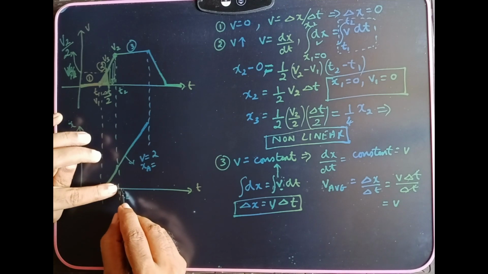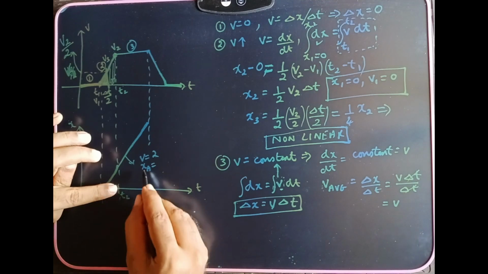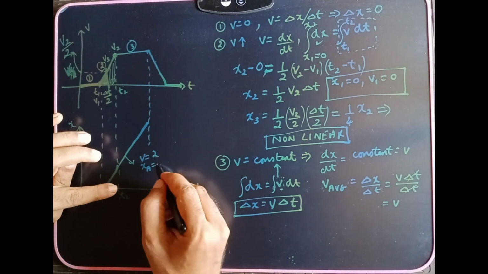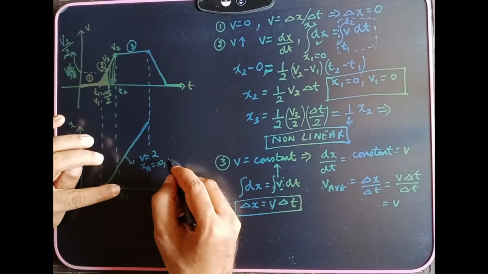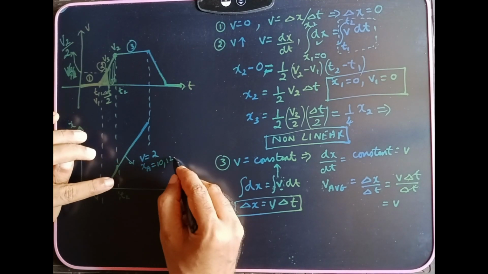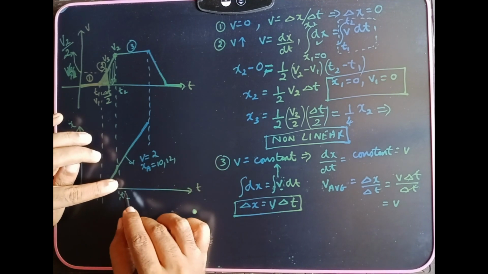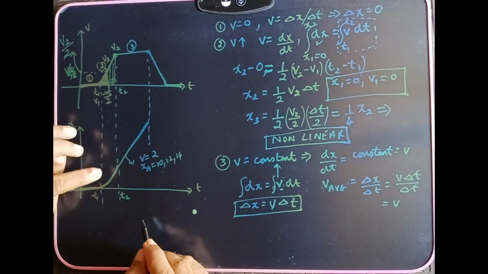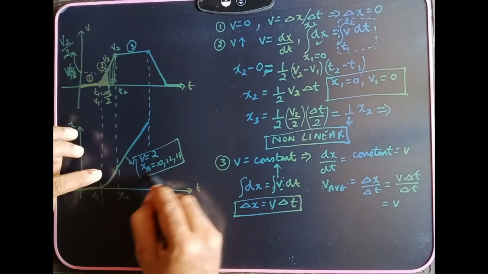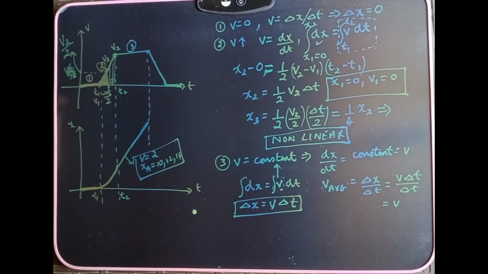Let us assume this is starting from 5. So x will become 5 into 2, 10. Then at 6, 6 into 2, 12. As you can see, it is linearly changing, right? After 12, 7 will become 14. So we can see clearly that it's changing in a linear fashion, because v is constant.